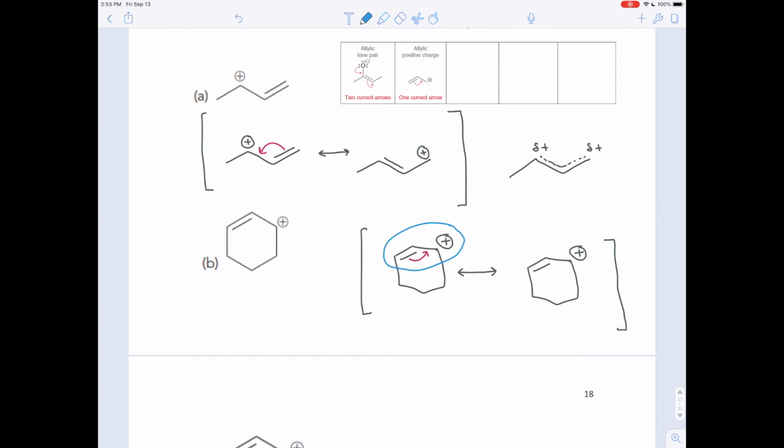This carbon has no formal charge, which means it needs 4 bonds total. 3 are already drawn, and so it just has 1 more to an invisible hydrogen. Same with this one. It has no formal charge, so it needs 4 bonds total. 1, 2, 3 are already drawn, and so it would just have 1 invisible hydrogen.